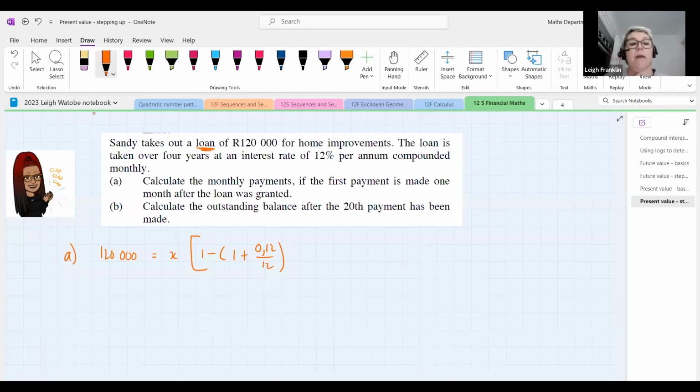Okay, so she's making payments one per month, monthly payments, over a period of 4 years. So 4 times 12 would be 48. So she would make 48 payments of X Rand, over 0.12 over 12. So this is easy for us to be able to work out X. Let's just do that quickly. You guys can share with me what you're getting for X as well.